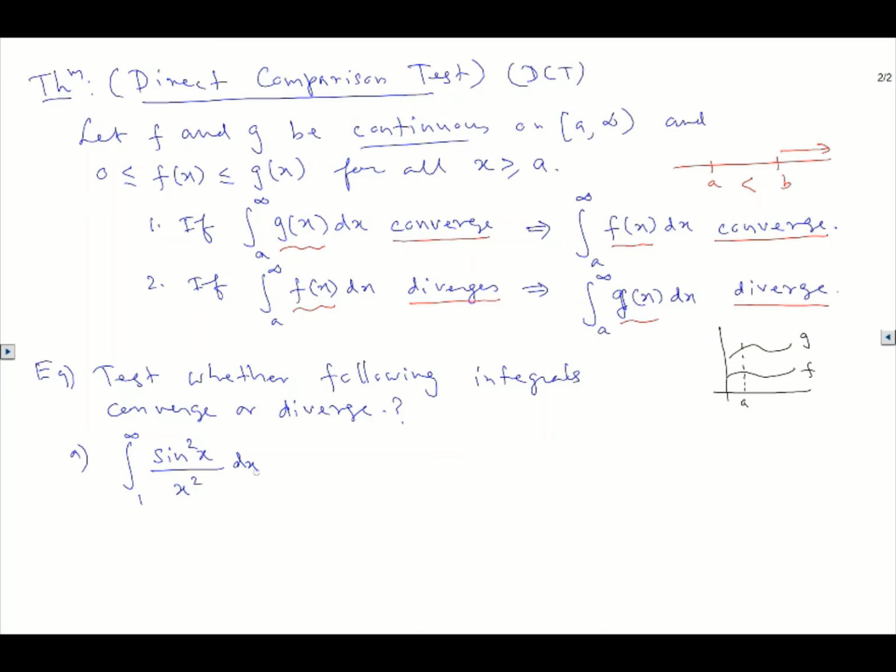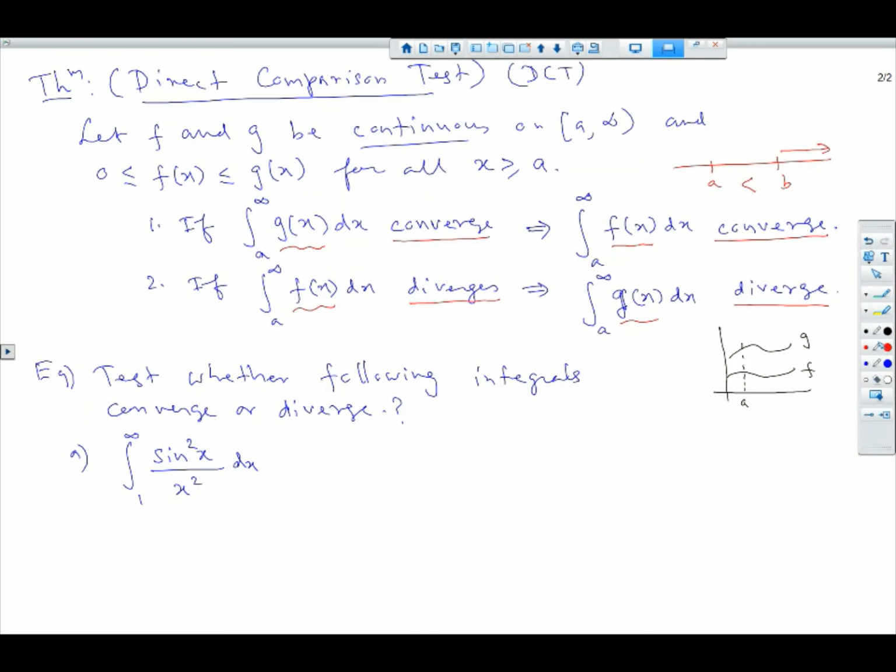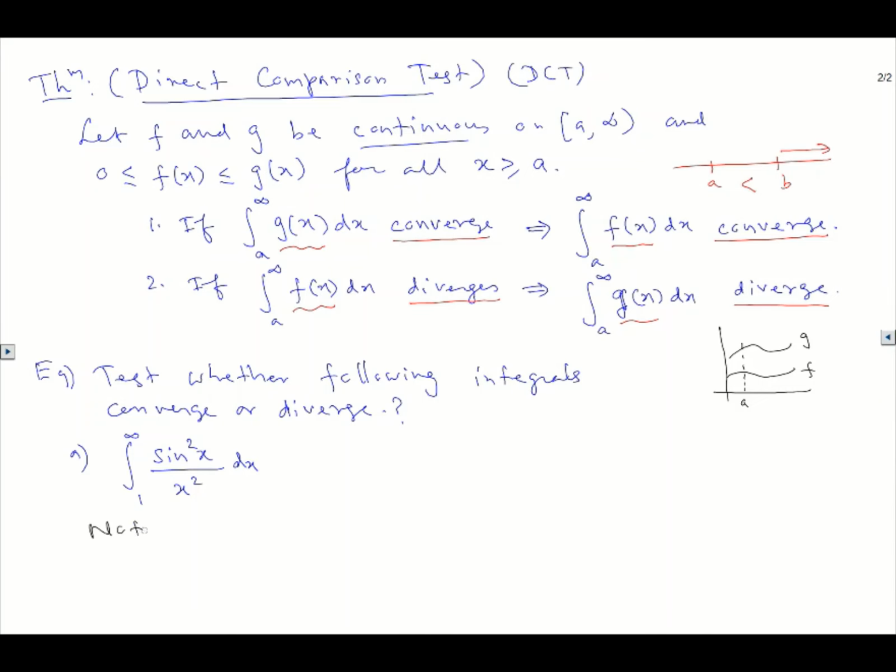But when you have a sine function or cosine function, what we normally do is consider this argument. Notice that the sine is in between -1 and +1.